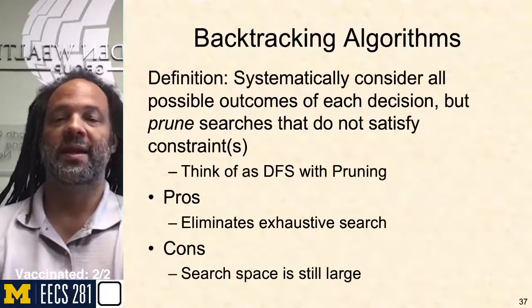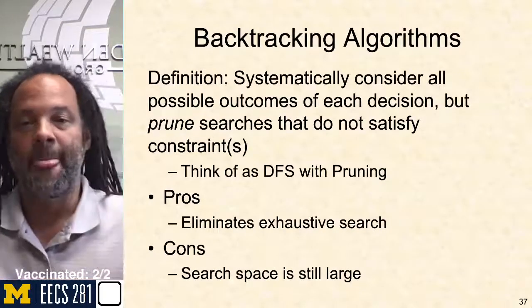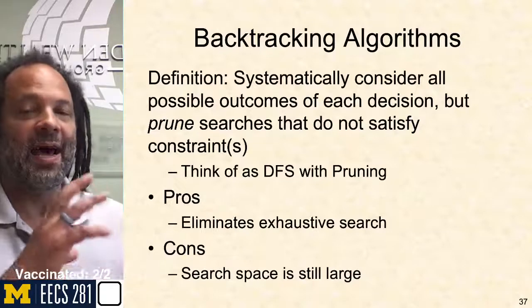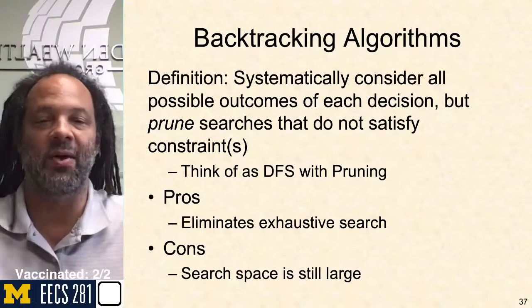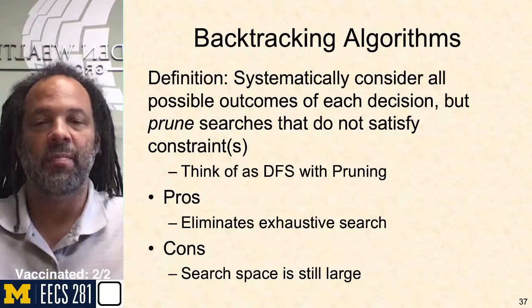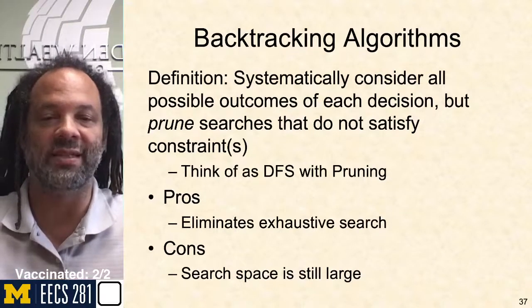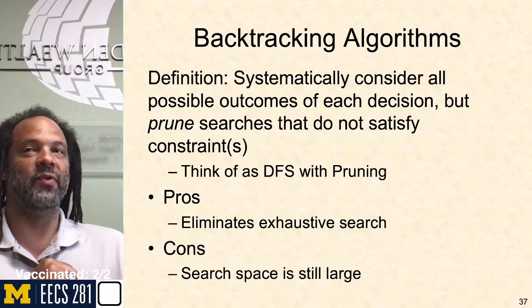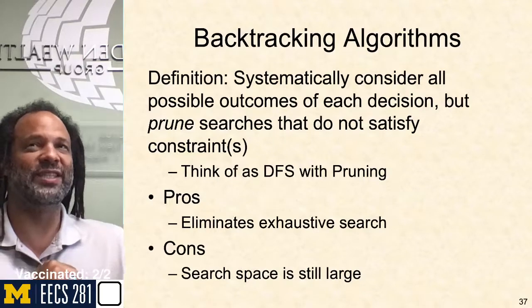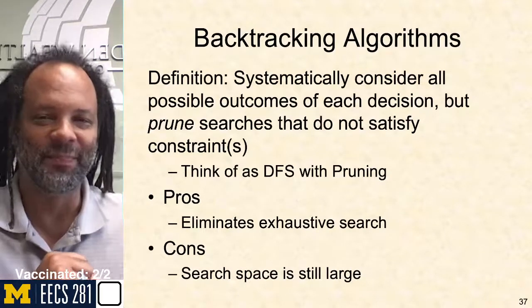Backtracking algorithms. Now, listen close. As I define this, I say a backtracking algorithm will systematically consider all possible outcomes of each decision, but prune searches that do not satisfy constraints. What does that sound like? Sounds awfully brute force-ish.